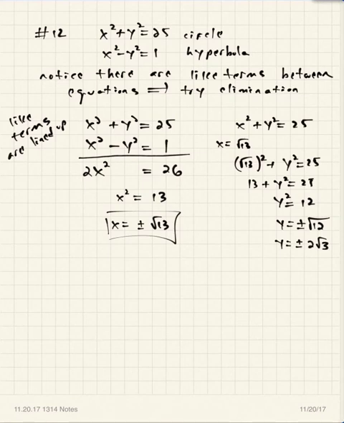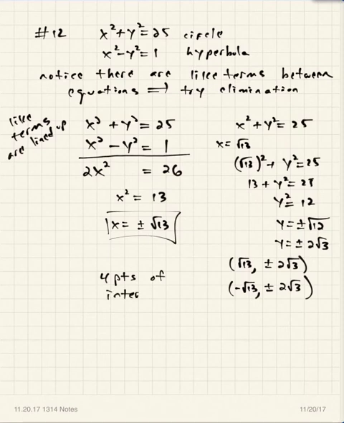And so notice what that gives you is the square root of 13 and then plus or minus 2 square root of 3 as 2 points of intersection. If you use negative square root of 13, all the arithmetic is identical, and so you end up with negative square root of 13 plus or minus 2 square root of 3 also. And so notice you get 4 points of intersection, 4 solutions to the system.